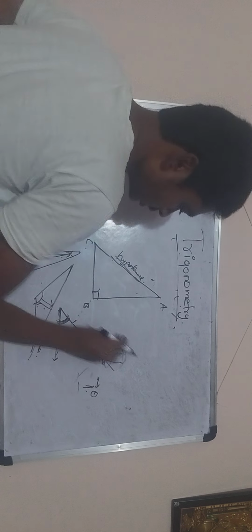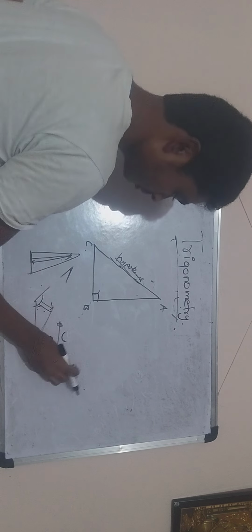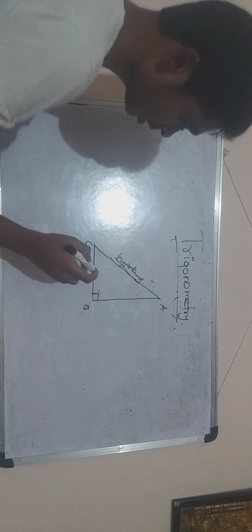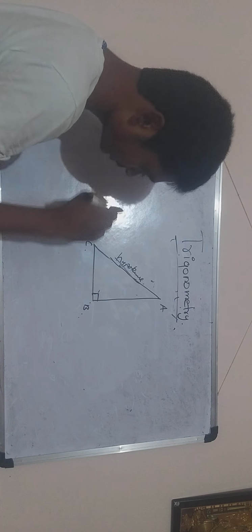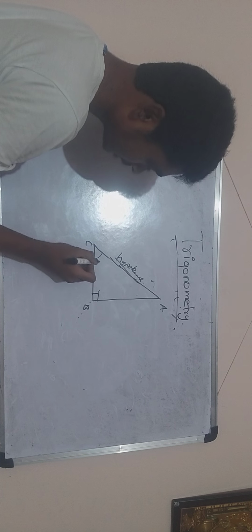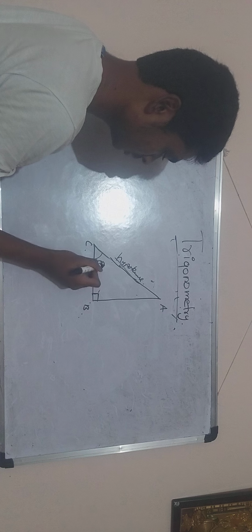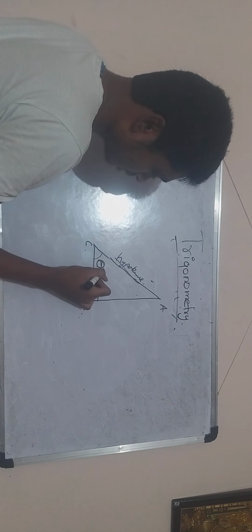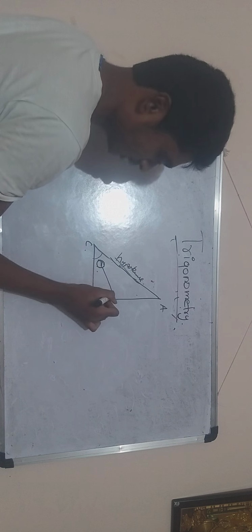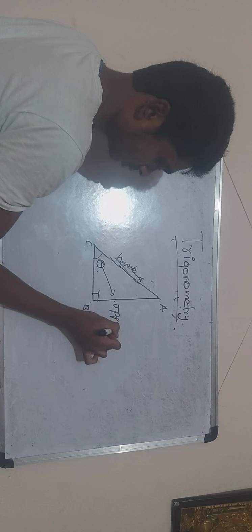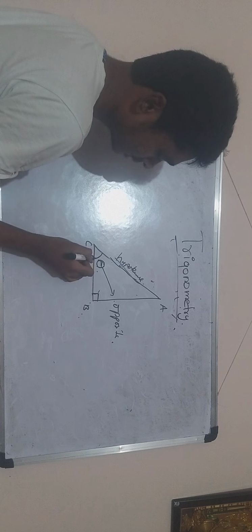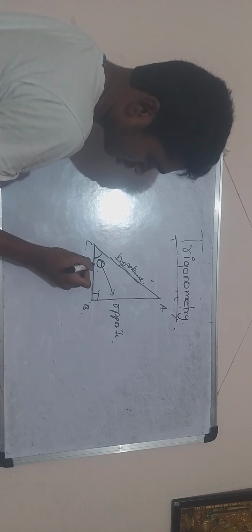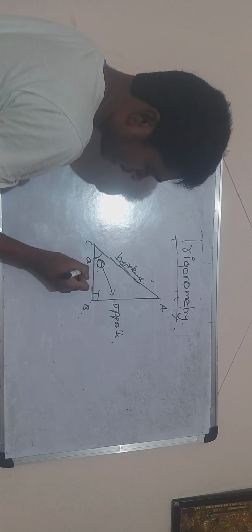Now we're going to learn the names of the other two sides of a right angle triangle. Depending upon our choice, if this is the angle theta, then the side opposite to this theta is called the opposite side, and the side which is adjacent to theta, other than the hypotenuse, is called the adjacent side.